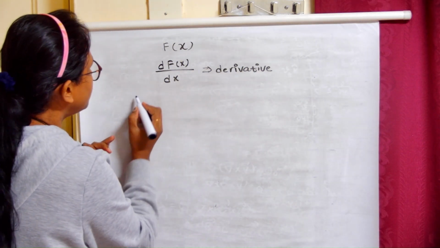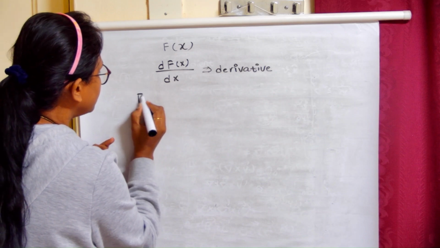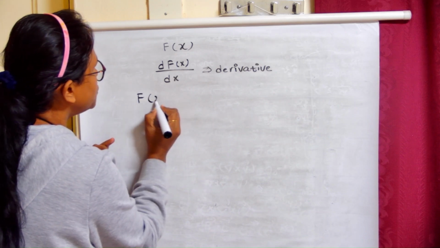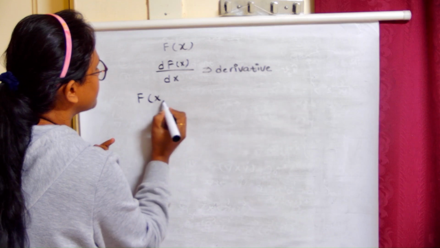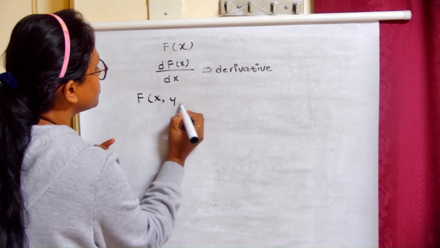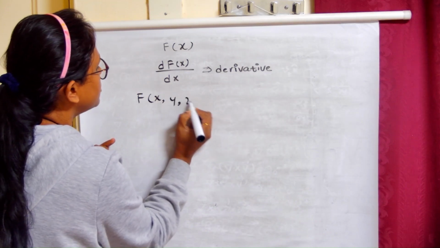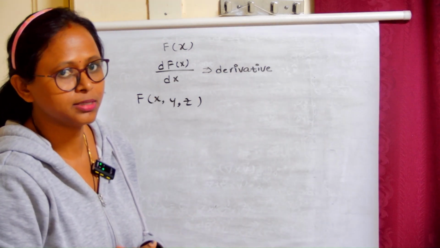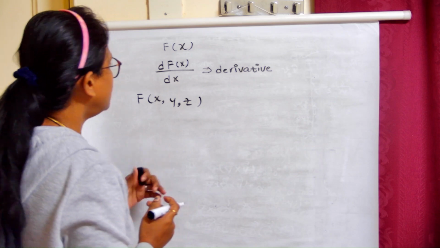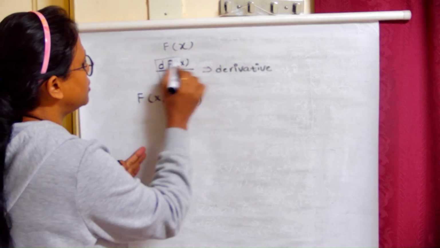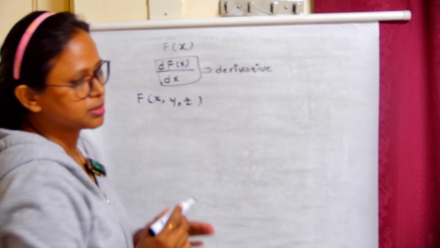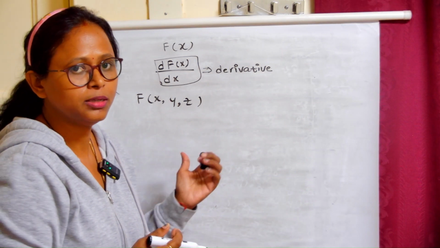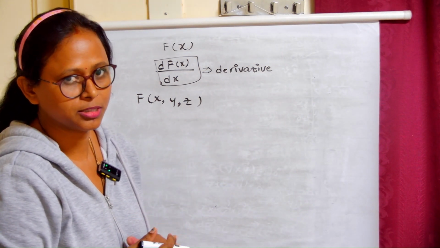So for example, if you have a function which varies with respect to three independent variables x, y, z, which are defined in Cartesian coordinate system, then how can you quantify its variation with respect to these three independent variables x, y, and z?